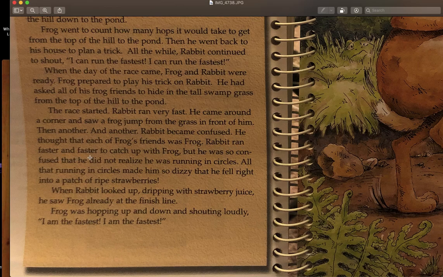Rabbit ran faster and faster to catch up with Frog, but he was so confused that he did not realize he was running in circles. All that running in circles made him so dizzy that he fell right into a patch of ripe strawberries. When Rabbit looked up, dripping with strawberry juice, he saw Frog already at the finish line. Frog was hopping up and down and shouting loudly, "I am the fastest! I am the fastest!"